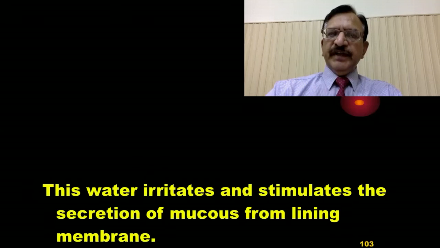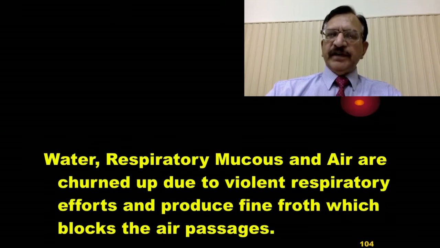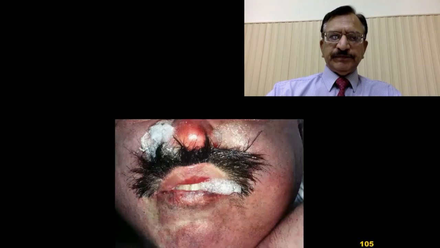And this water irritates and stimulates the secretion of mucus from the lining membrane. Water, respiratory mucus, and air get churned up due to violent respiratory efforts, and it produces fine froth which blocks the air passages. This is fine froth which is coming out.